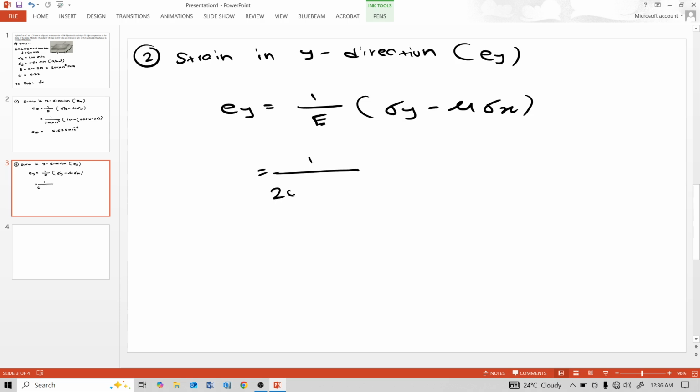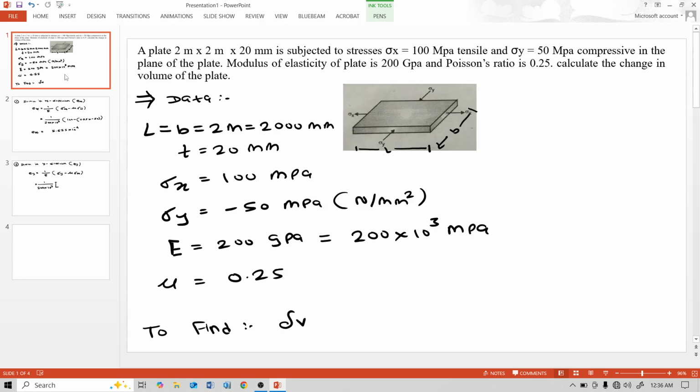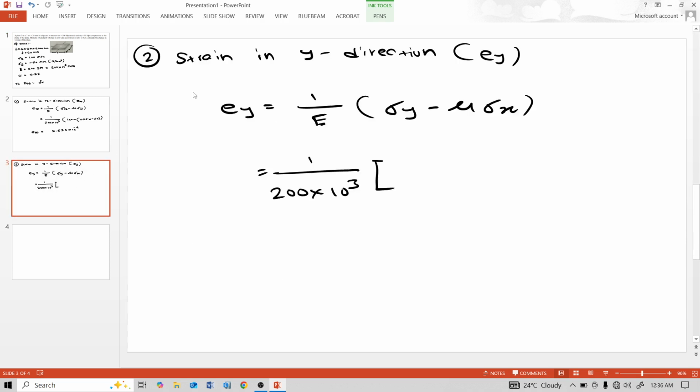Young's modulus is 200 into 10 raised to 3, stress in y direction is minus 50, minus Poisson's ratio 0.25 into tensile stress in x direction 100. Calculate. Minus 3.75 into 10 raised to minus 4.